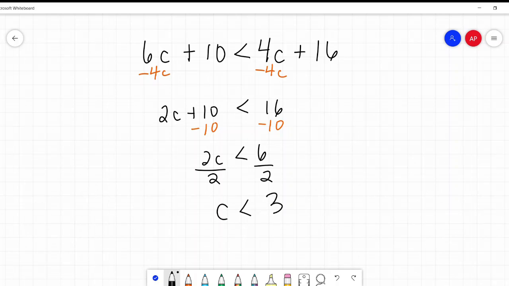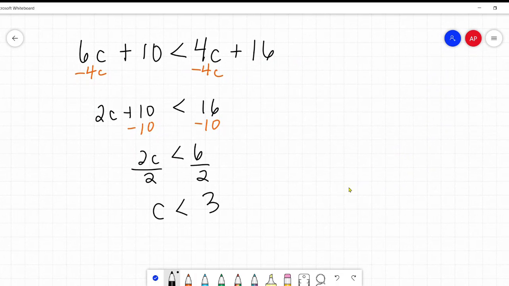Now, when you're doing an equation, a way to check it is to put your final answer back into the top equation. We can do that with inequalities, and let's see if it works. c is less than 3. Now, pick any number in the universe that's less than 3. I'm going to pick 0 just because that's going to make things super easy.